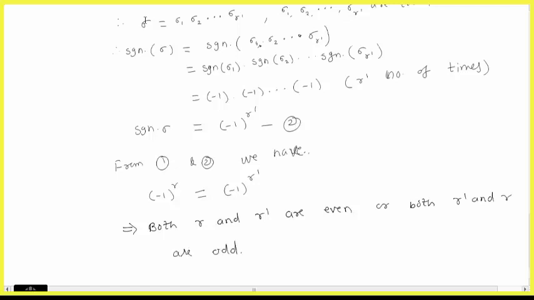Why have we written this? Because if r is even, then minus 1 raised to r is plus 1, and if r dash is odd, then minus 1 raised to r dash is minus 1. So we cannot get the equality. So r dash must be even. If r is odd, then r dash also must be odd.